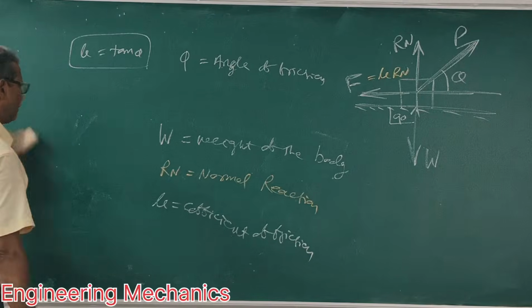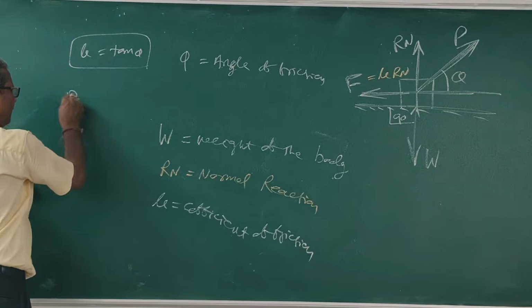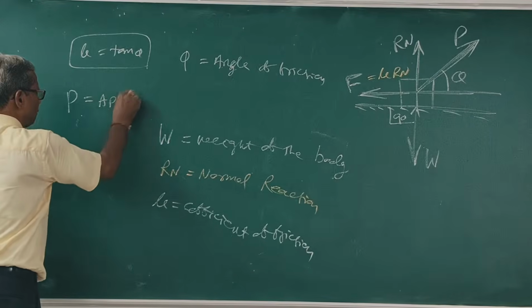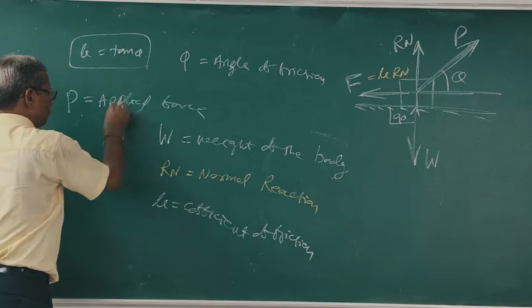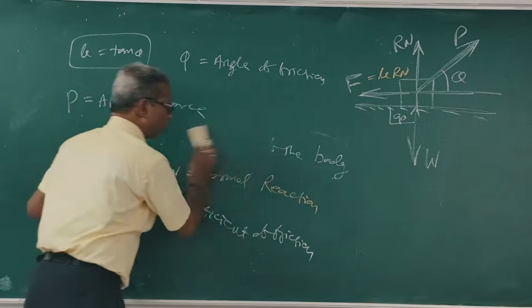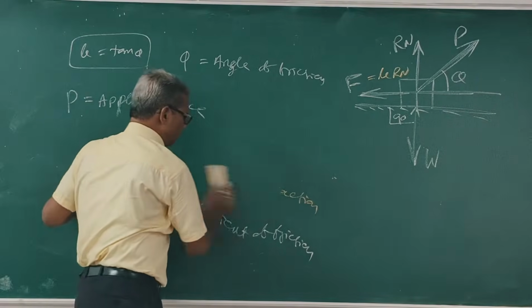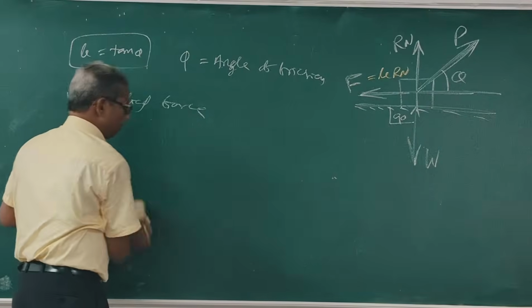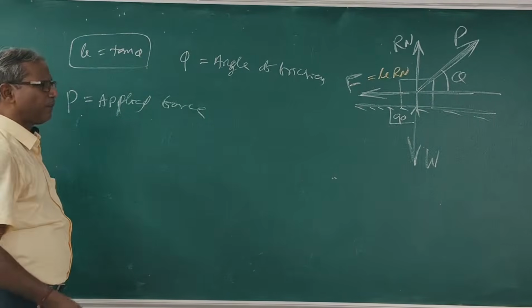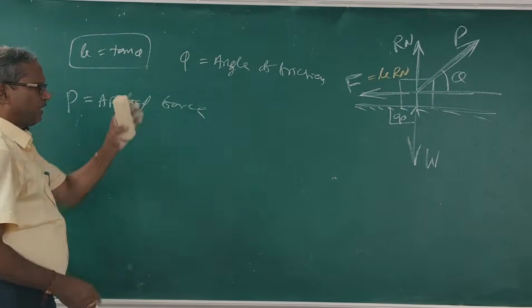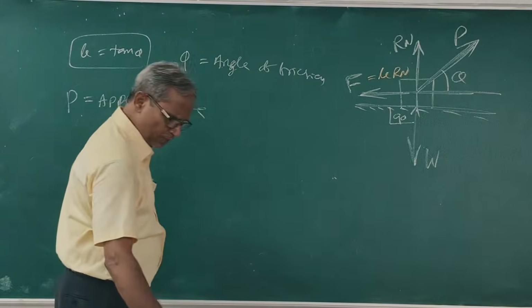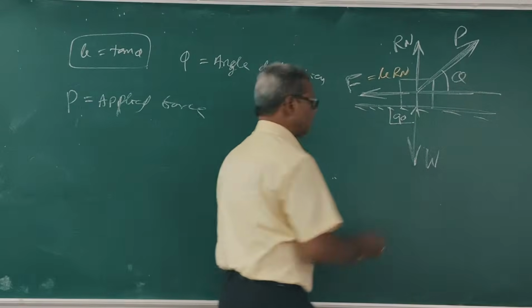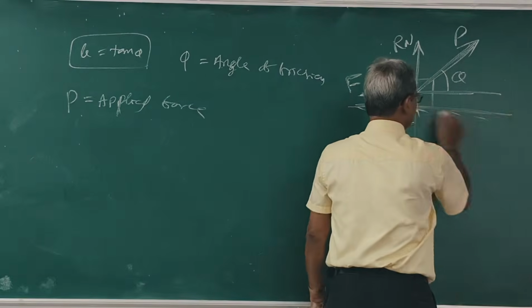Now P is the applied force. We will find out the minimum value of this P. Resolve P along the x-axis and the y-axis. This is the x-axis and this is the y-axis.